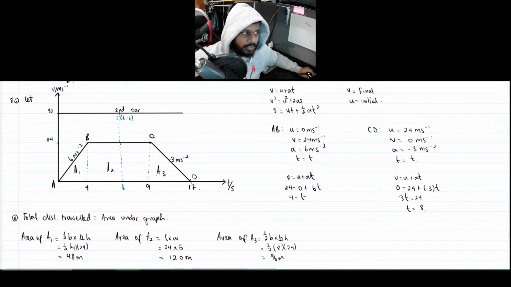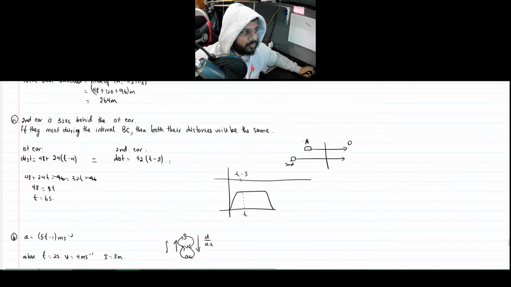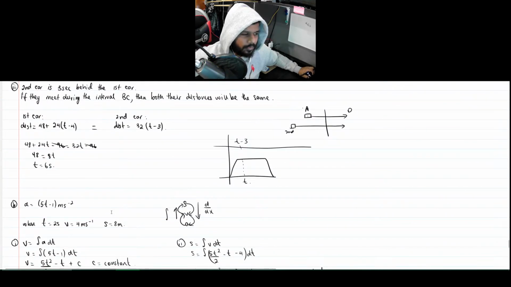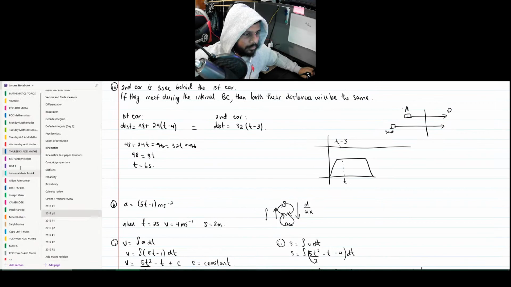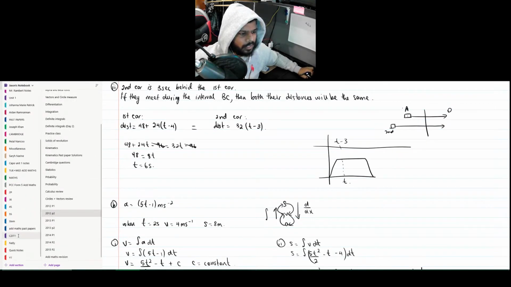The area under the second graph will be t minus 3 because the second car is 3 seconds behind the first car, multiplied by the 32 to get this area here. And both of these distances will be the same. So 32 by t minus 3, equate them and I'll get my time. Now it's a little troubling concept to wrap around, but with the practice, hopefully you all will see it clearly.